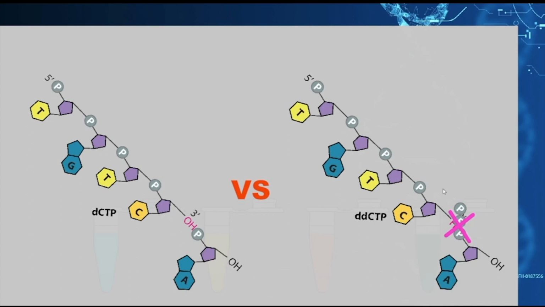Whereas in the case of the dideoxynucleotides, once the dideoxynucleotide uses its phosphate and forms the phosphodiester linkage, since the OH is missing on this side, it will not allow the incoming nucleotide to bind. So that's how it stops the DNA synthesis by the DNA polymerase.